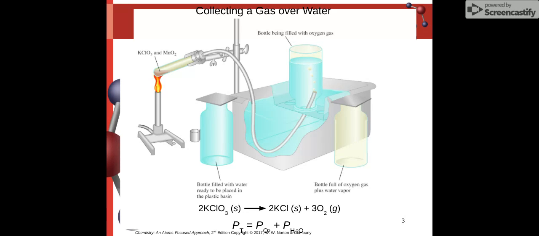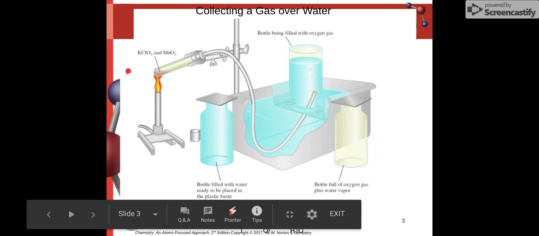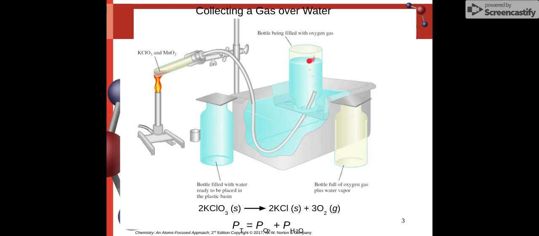One way to do it is to have a reaction going and make sure that whatever gas products are being given off are pushed through water and into a bottle, which is then going to displace the water. As the gas fills this portion of the bottle, the liquid is being pushed out. We can then measure the volume of that gas.